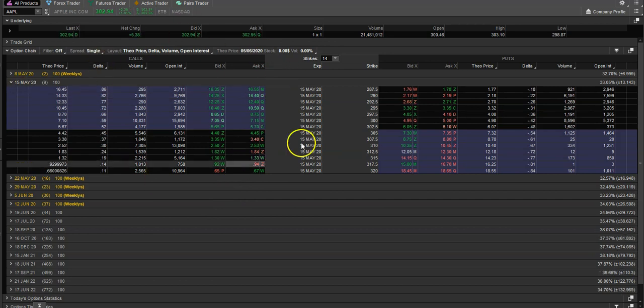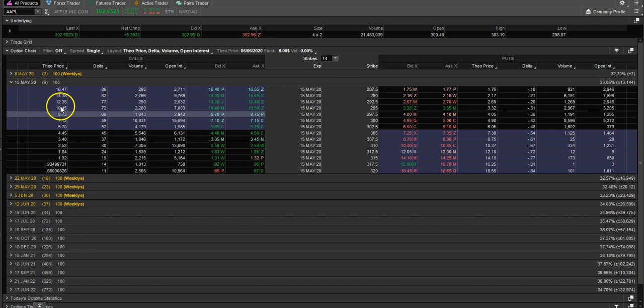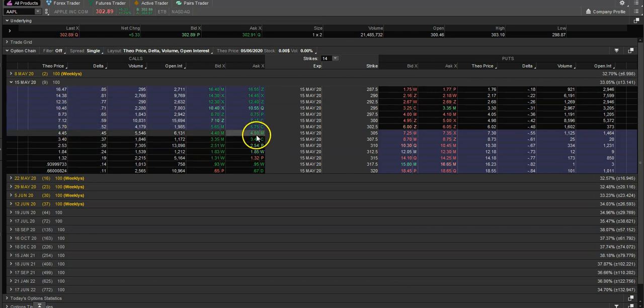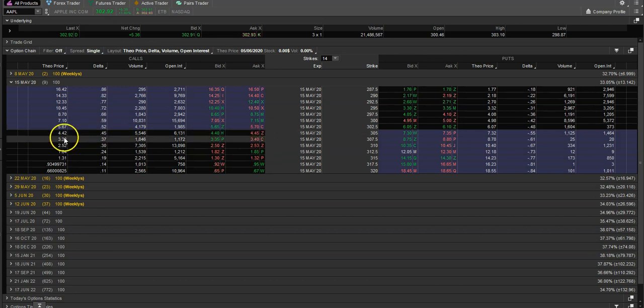Then over here, this is the way I have mine set up, and this is all I really care about. I care about theo price, which is the theoretical price, also known as the mid price. So for 40 by 45, 42.5 would be the mid price. That's all the theoretical price is.